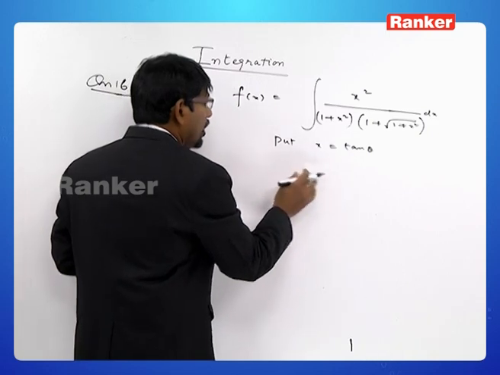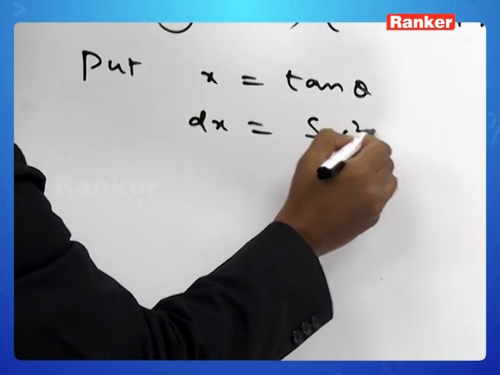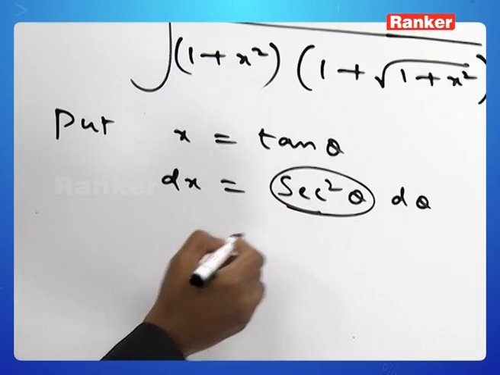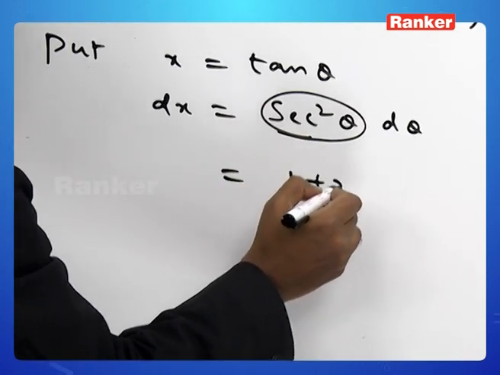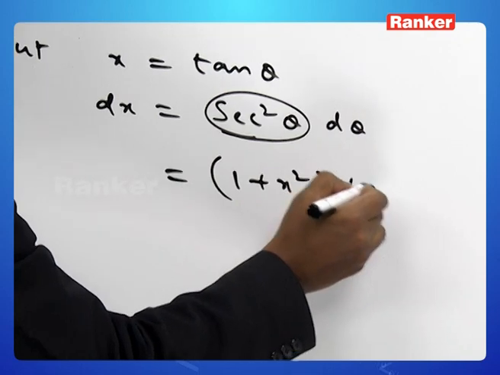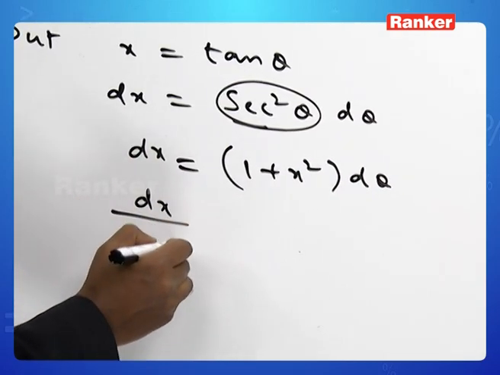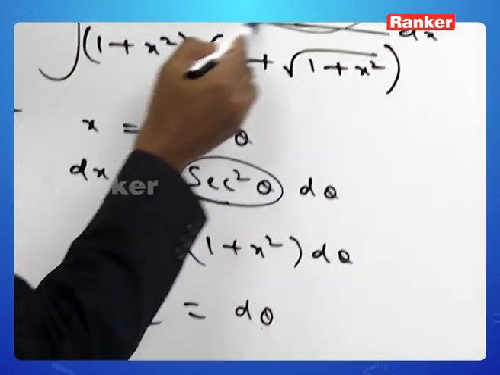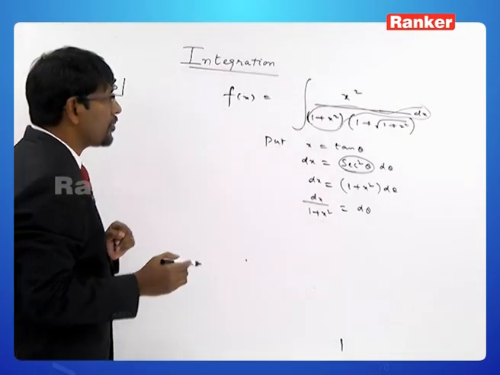So, let us see how it goes. What is dx? Secant square theta d theta, and secant square theta is nothing but 1 plus x square. So, dx by 1 plus x square is equal to d theta. So, this dx by 1 plus x square can be replaced with d theta.